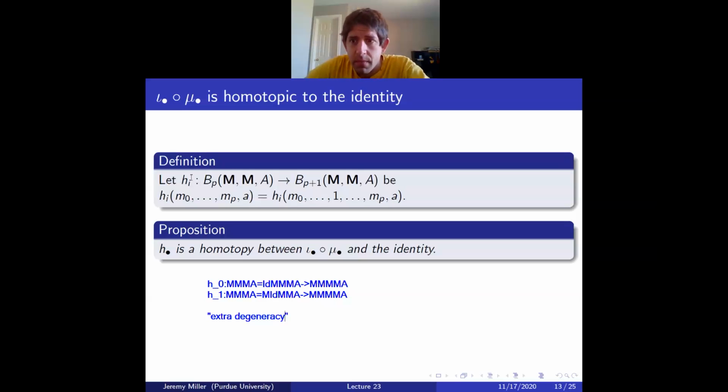Okay. Any questions? I'm not going to check that this is the identity, but it's probably just the unit axiom or associativity or something for the monad.